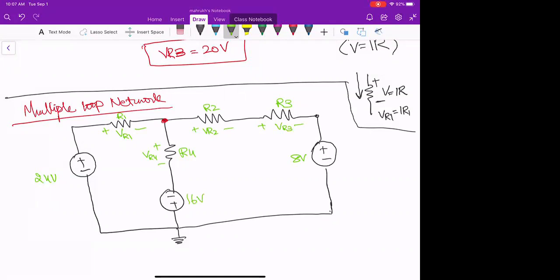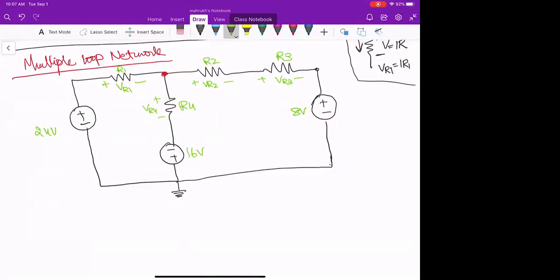When we draw the current path, we take one direction only. So this is one current and this is another current. Let's say this is I1 and this is I2, right? I will not try to solve it, but I'm just writing the equation to understand what we are trying to see, okay?